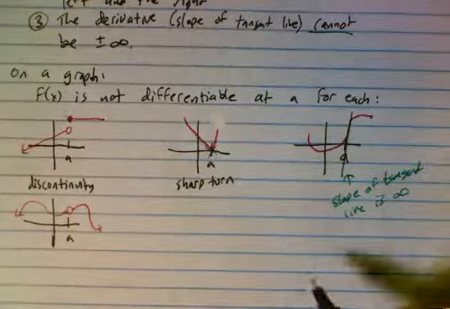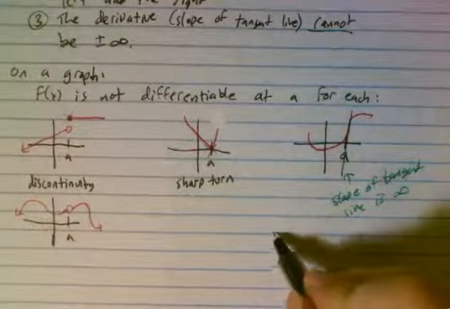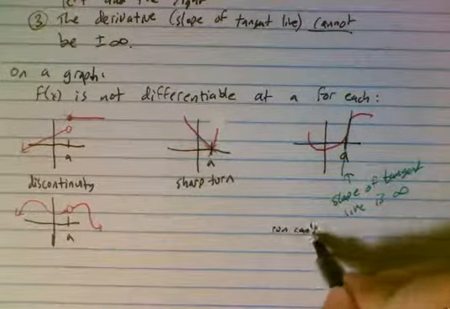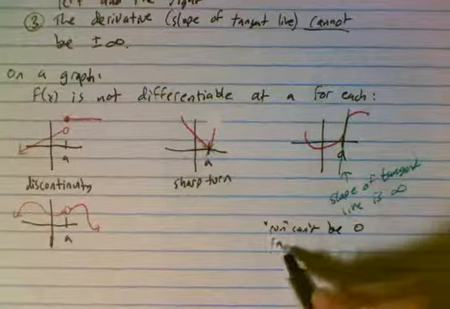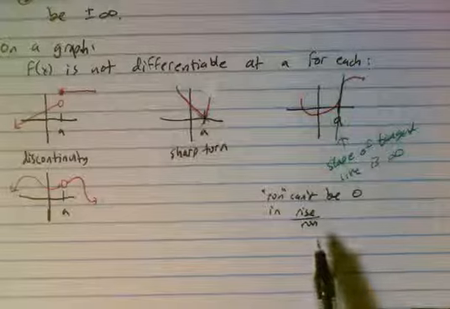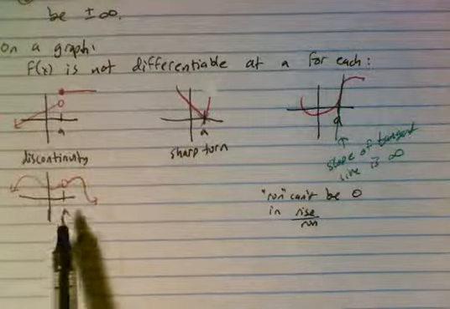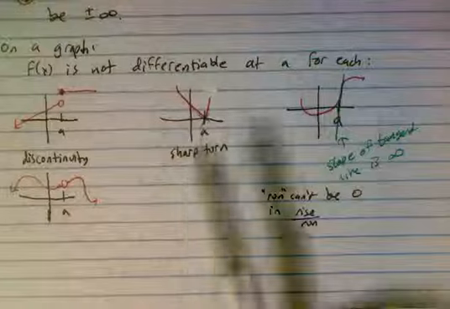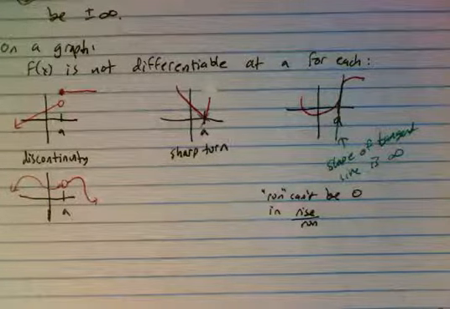And basically what we're doing when we find the slope with a run of 0 is we're dividing by 0. If that run is 0, we have division by 0. Not allowed to have that happen. So these are the three things to look for: discontinuity, a sharp turn, or an infinitely sloping tangent line.